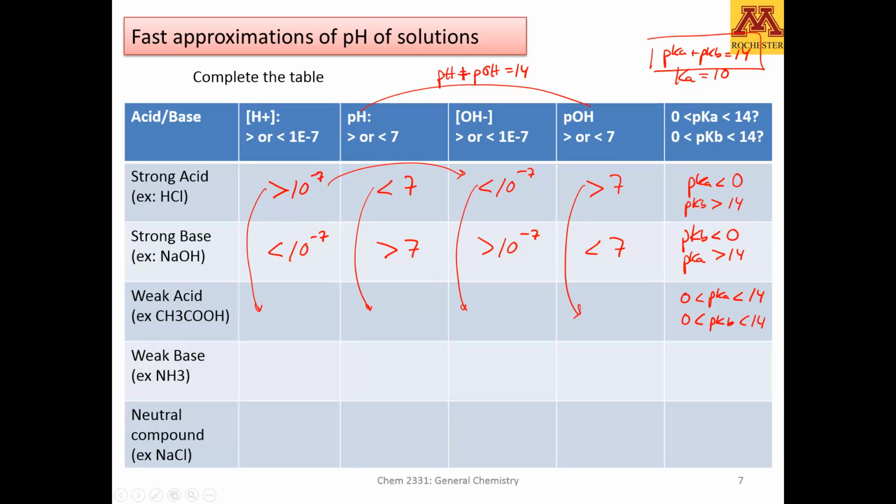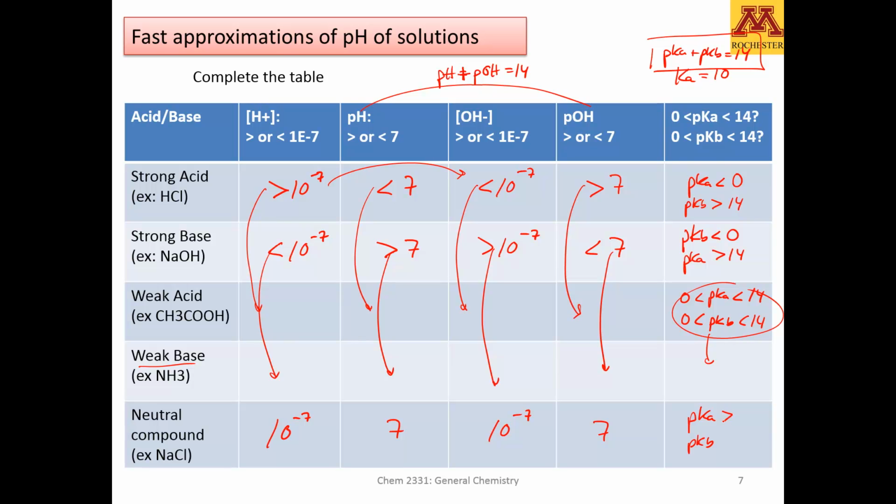Okay, and for the weak base, you're going to do the same in here. Repeat the same line. And this will be true also for a weak base. For a neutral compound, however, 10 to the negative 7, this is 7, and depending on either your pKa or your pKb, it should be higher than 14. Okay, depending on if you relate it as an acid or a base. It cannot be both.